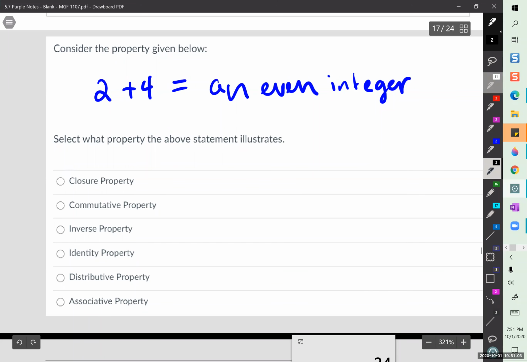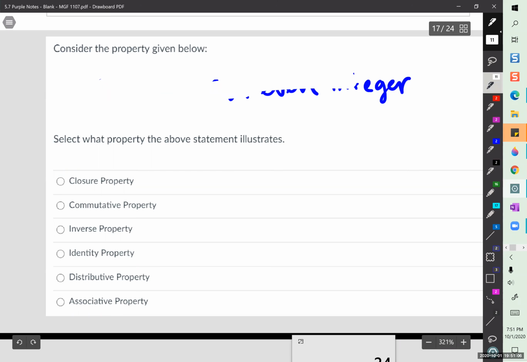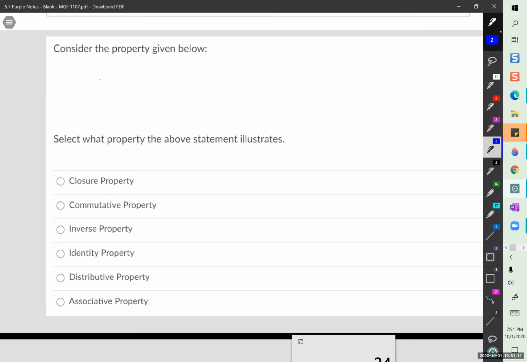Now let's go through another example. I'm going to write a multiplicative version and an additive version.